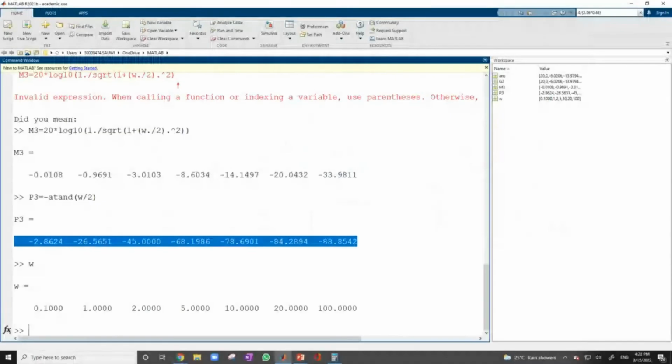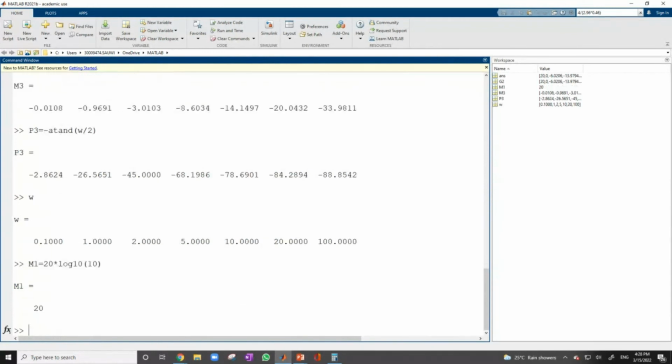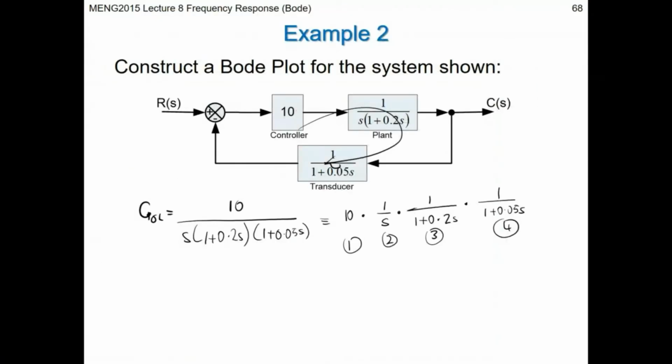first of all, M1 equals 20 times log base 10 of 10. That's 20. So we know the first element there is going to give us 20 decibels throughout our frequency range, and we're not going to have any phase contribution from that.